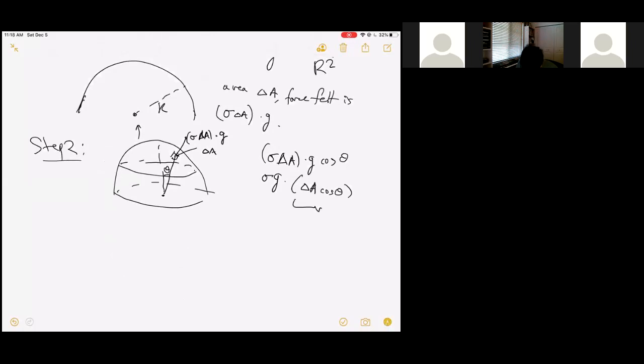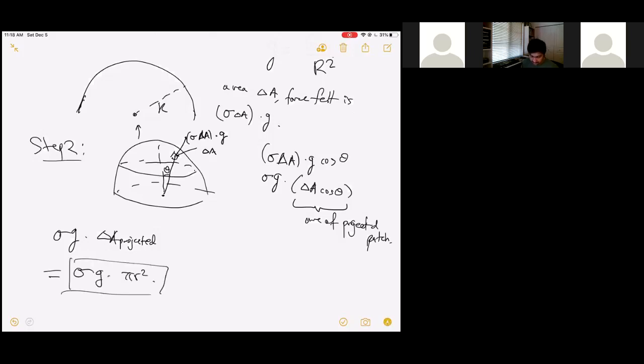So the net force, if you just take the z direction, which is by symmetry the final answer, is just sigma g times delta A projected. And now if you add this up over all patches, because the patches all project down to the base, this just becomes sigma g times pi r squared. And this is the final answer.